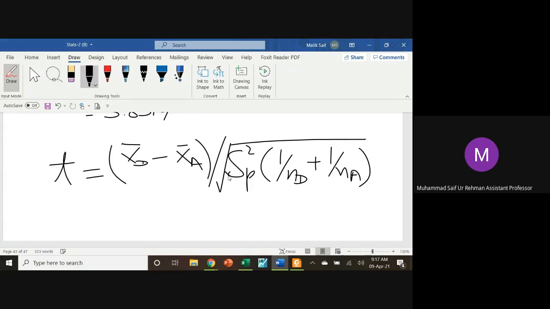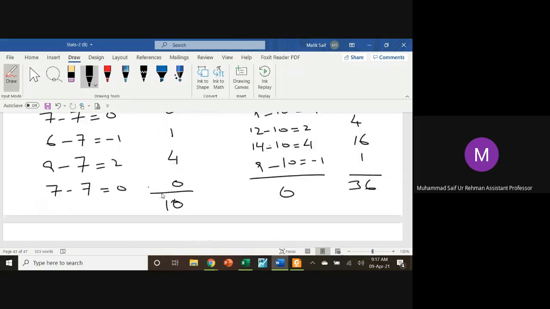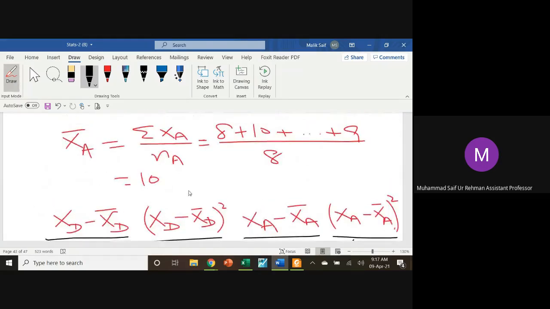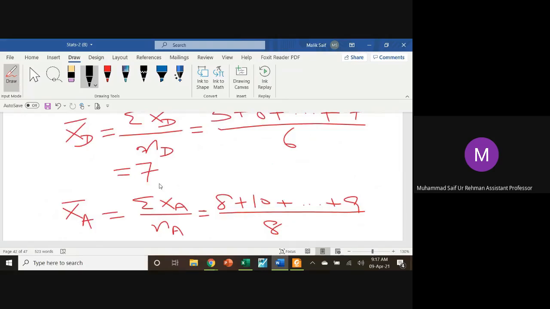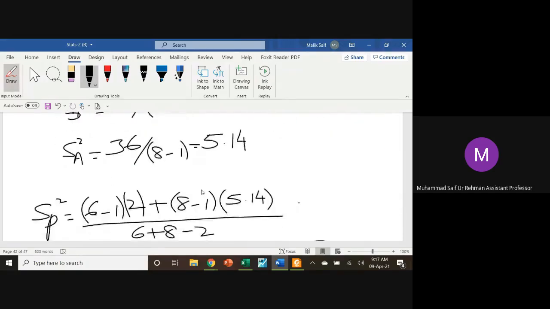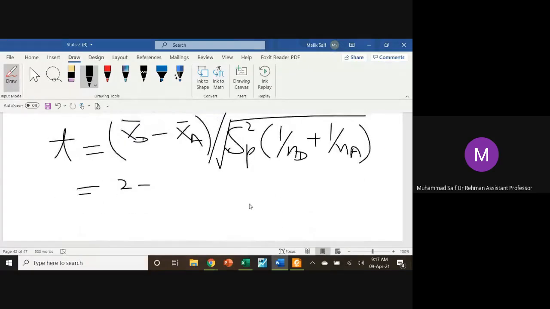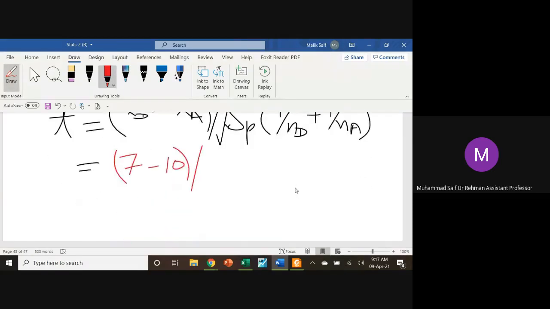What is XD bar? What is XA bar? Sorry, XD bar is 7 and XA bar is 10. 7 and 10. 7 minus 10 divided by SP square, 3.8317.